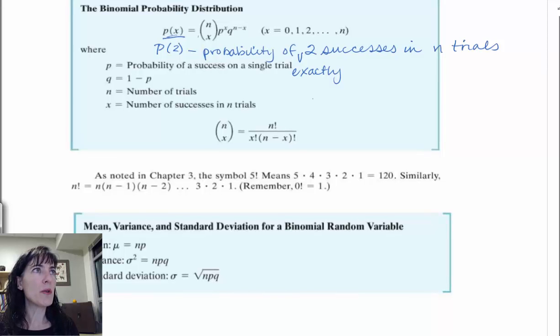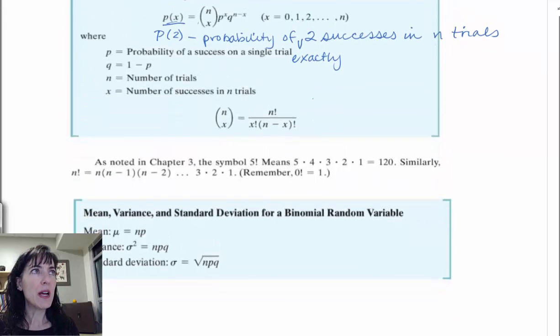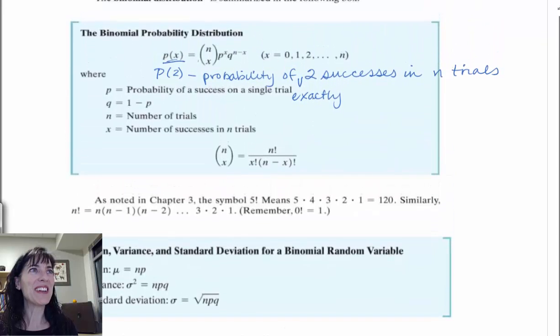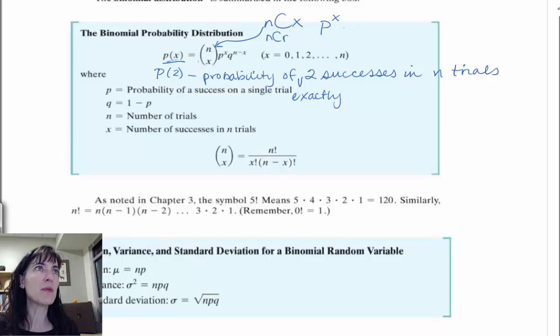Now, the formula itself has that n choose r, and it's actually n choose x, and you can also use the nCr button on your calculator, the n choose r, and then that's the thing in the parentheses there, and then we have p to the x, so that's remember the probability of successes on a single trial, and we're raising it to the x, which is exactly the number of successes we were looking for.